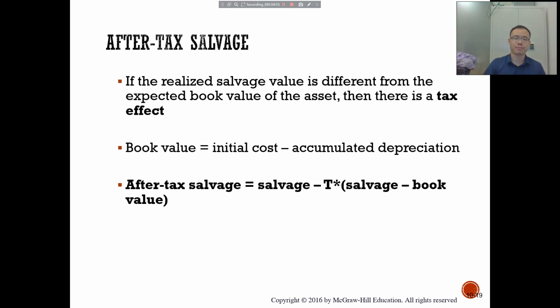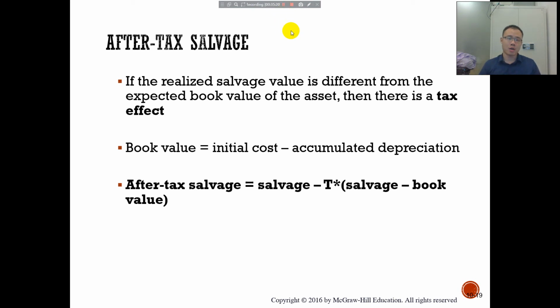Now, after-tax salvage. If the realized salvage value is different from the expected book value of the asset, then there is a tax effect. The book value equals the initial cost minus the accumulated depreciation.